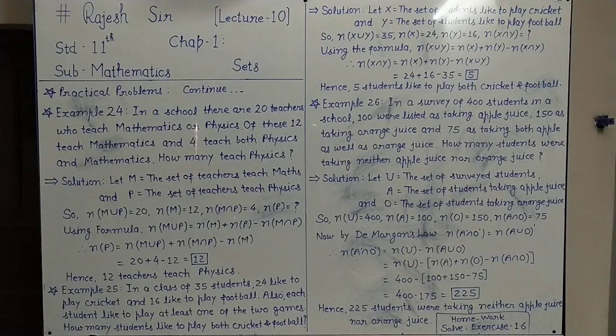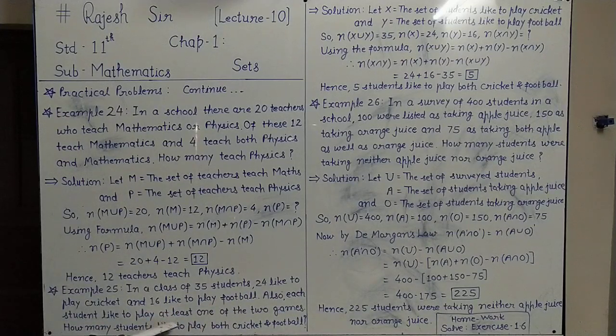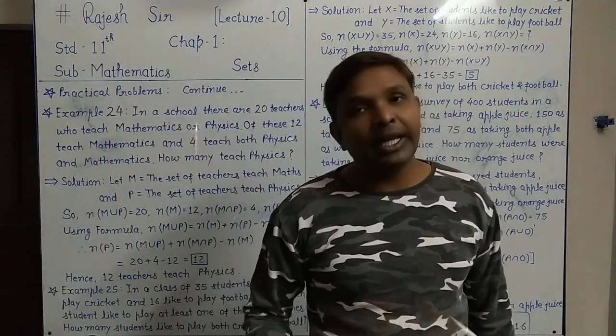Similarly, next example we have 25. In a class of 35 students, 24 like to play cricket and 16 like to play football. Also, each student likes to play at least one of the 2 games, meaning there is no student who is not playing any game.